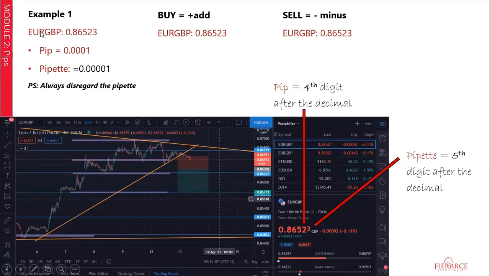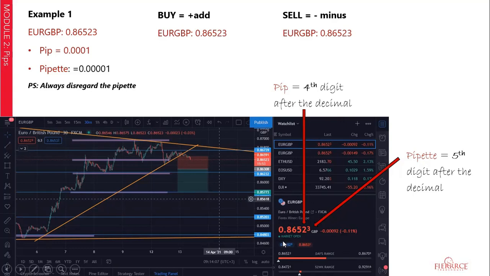Now, I'm just doing a recap based on what we spoke about earlier. In terms of the pip and the pipette, the last digit is the pipette, and the 4th digit is the pip. Make sense? This is how it would look on a chart. We'll go through TradingView in a different module, but this is basically how a Forex chart looks. Don't mind the messiness and the lines.